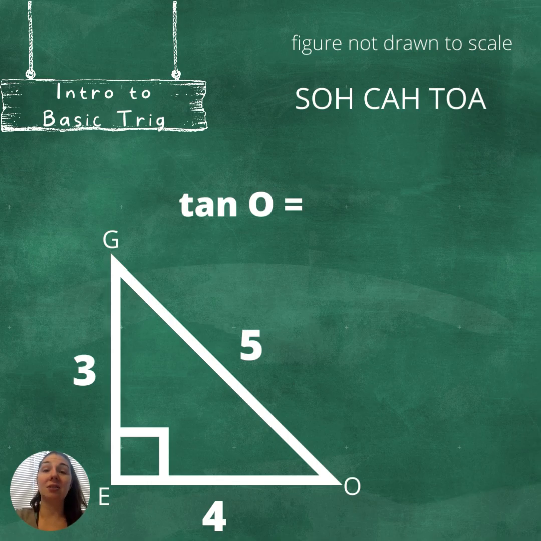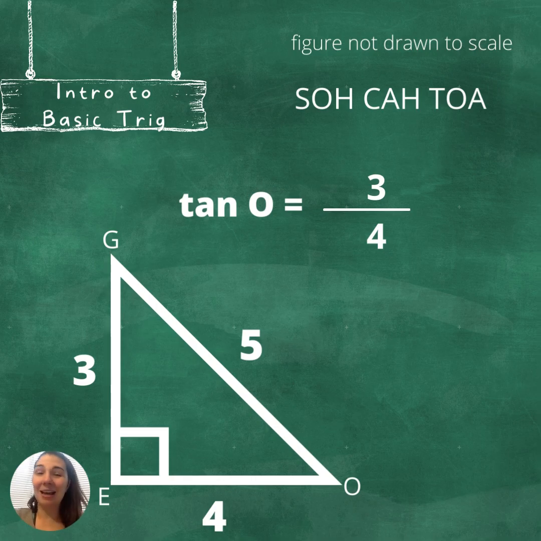Okay, and then tangent. Tangent we know is the TOA part. So tangent of an angle is opposite over adjacent. Tangent of O is opposite, which is GE, which is 3, over adjacent, which is EO, which is 4. So it's going to be 3/4.